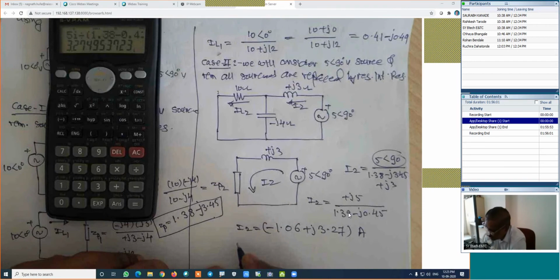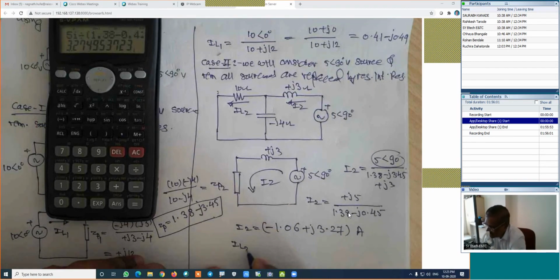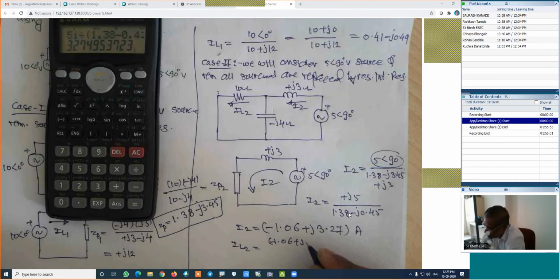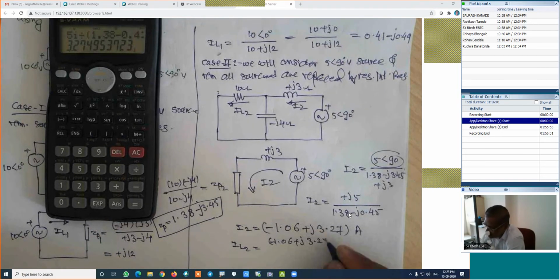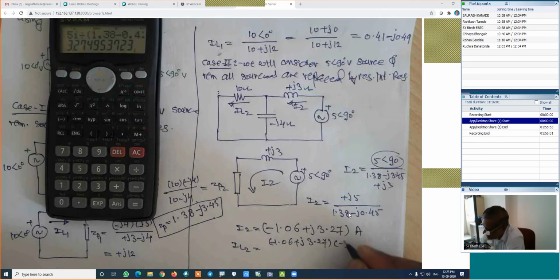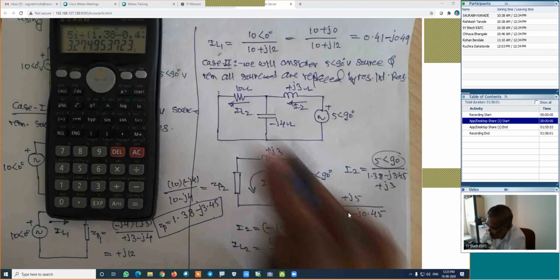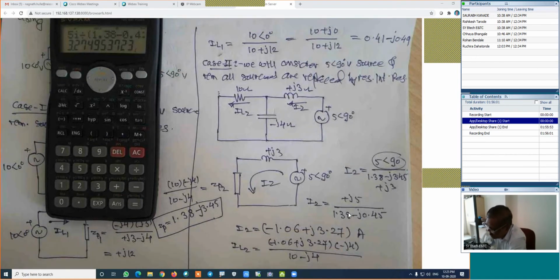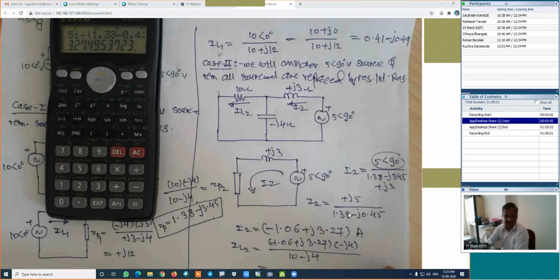I will use the current division rule. I will apply the formula: IL2 is equal to total current, this is minus 1.06 plus j3.27, into the impedance of the opposite branch, which is minus j4, divided by the impedance of both branches, that is 10 minus j4. Work out this calculation.